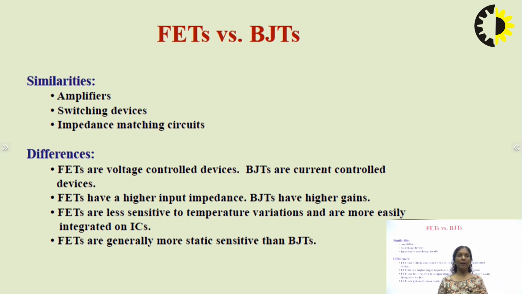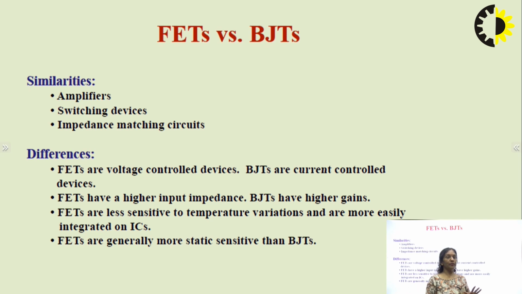What do we understand by bipolar and unipolar device? Bipolar means that current conduction in BJT takes place due to two types of charge carrier, that is the majority charge carrier as well as the minority charge carrier. Whereas in case of field effect transistor, current conduction takes place by a single type of charge carrier, either electrons or holes.